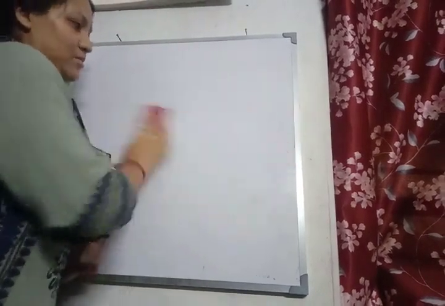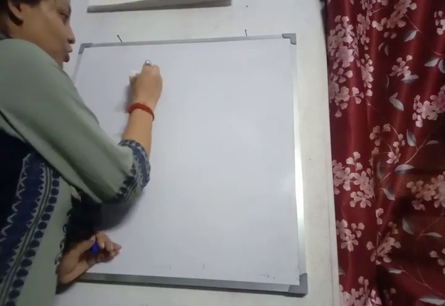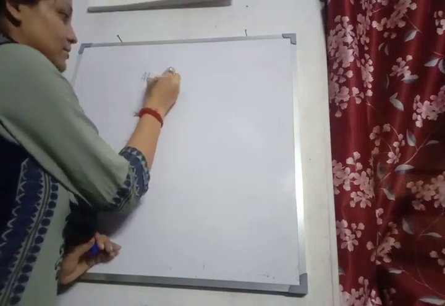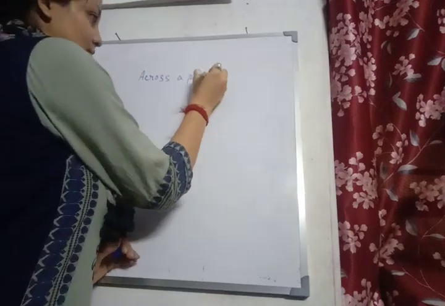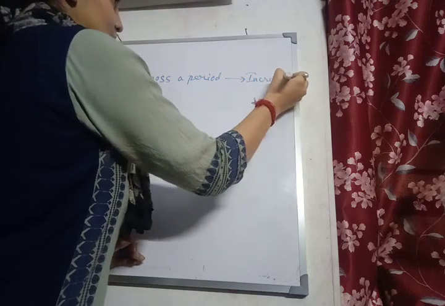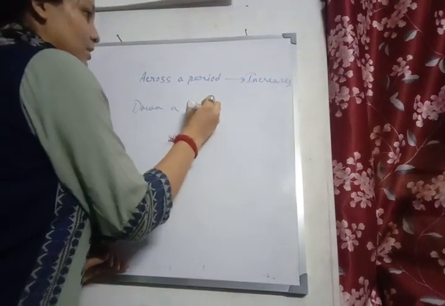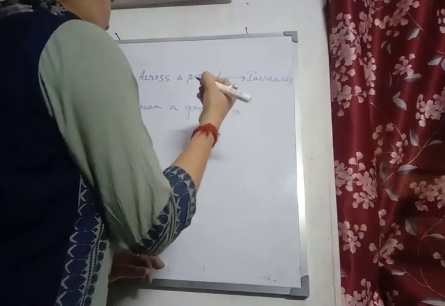Now the periodic variation of atomic radius. Across a period, the atomic radius increases, and down a group it decreases.